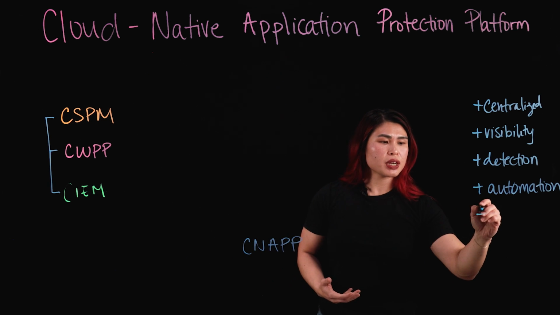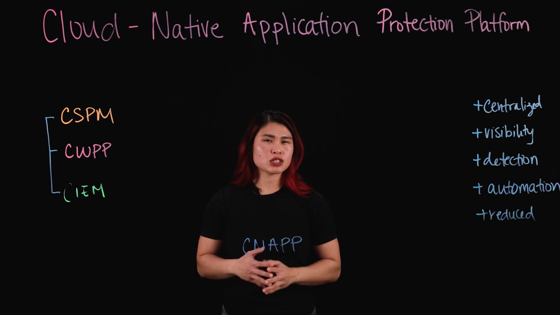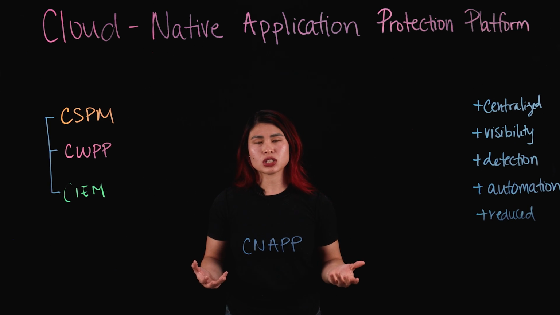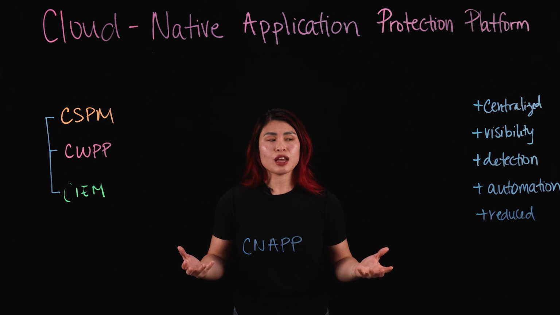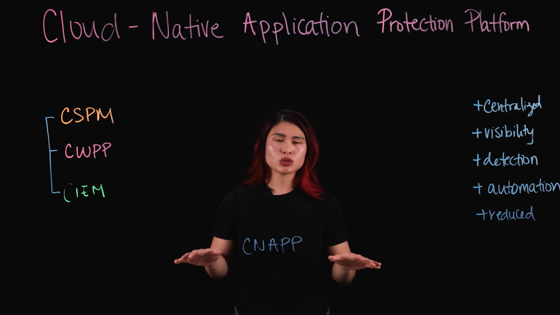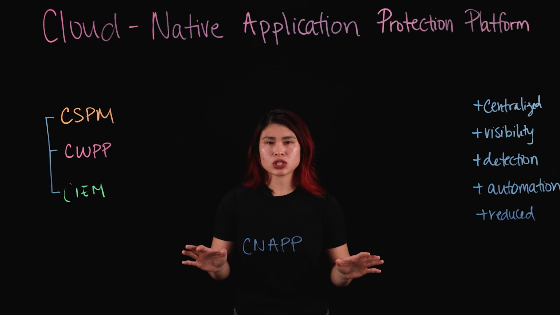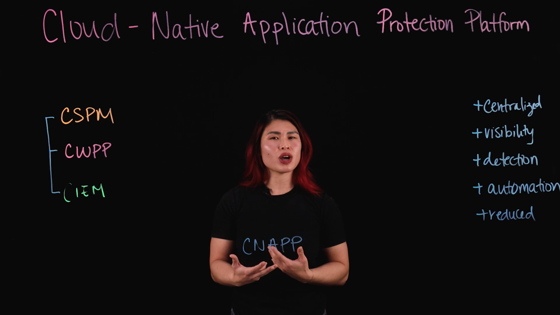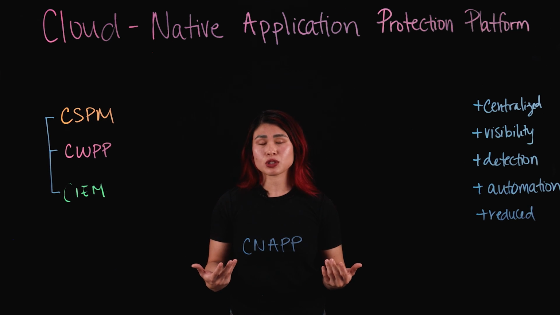And lastly, the biggest part of what a CNAPP platform can provide and address is what we talked about earlier, those challenges of how do you manage multiple security solutions that can be available today that you're already adopting today, and being able to understand how can we reduce the overhead and complexity that is required to be able to manage and maintain these independent approaches, as well as how to reduce the level of overhead and manual effort that is required in order to be able to address your security and compliance posture.